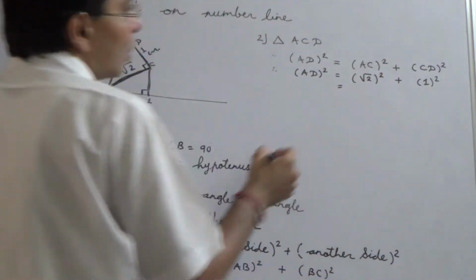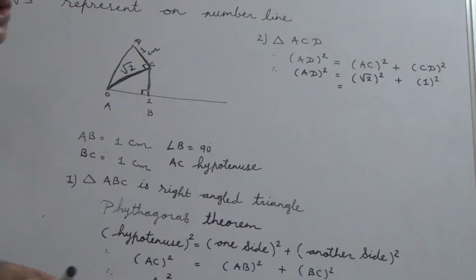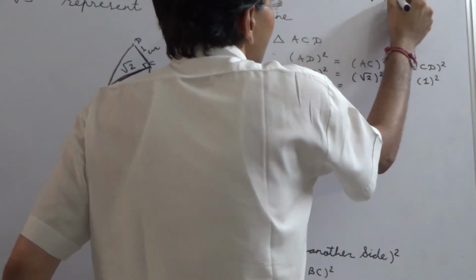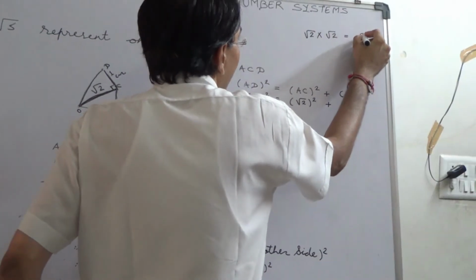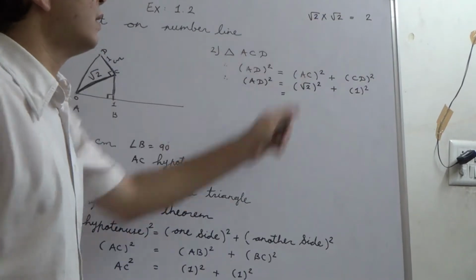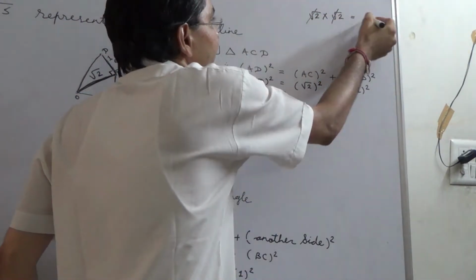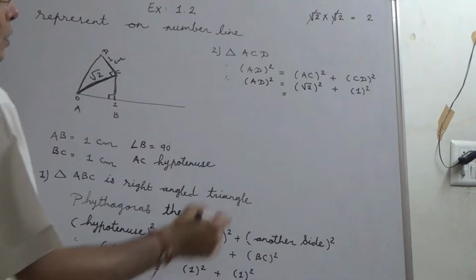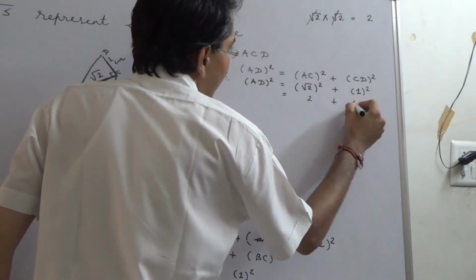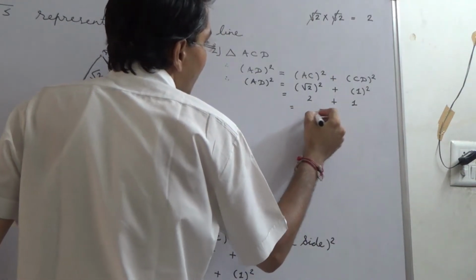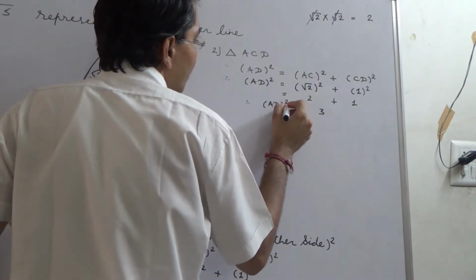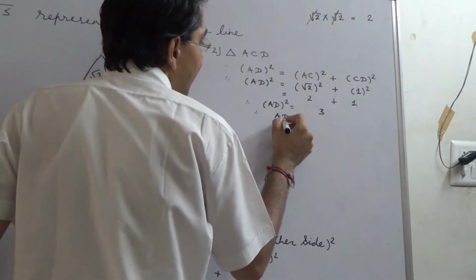Square root 2 square is square root 2 into square root 2, so the square goes away and our answer is 2. So 2 plus 1 square, which is 1, gives 3. So AD square is equal to 3, so AD is equal to what?